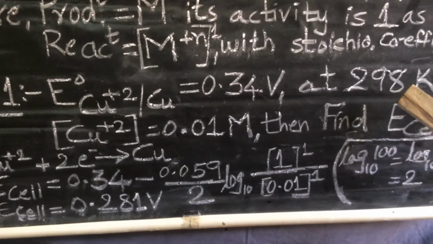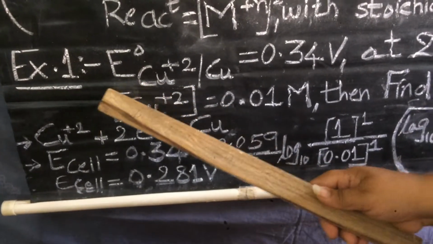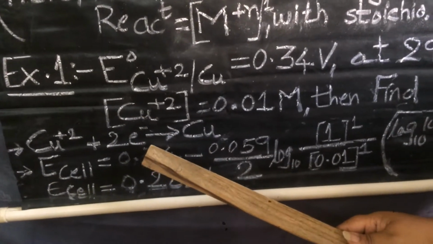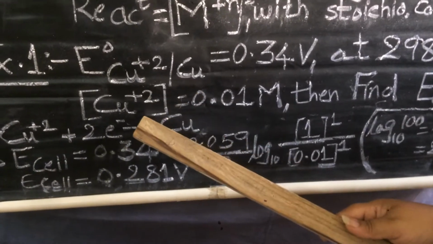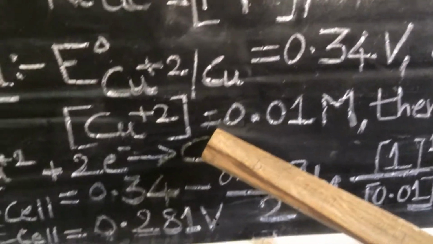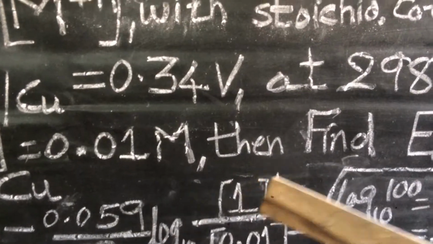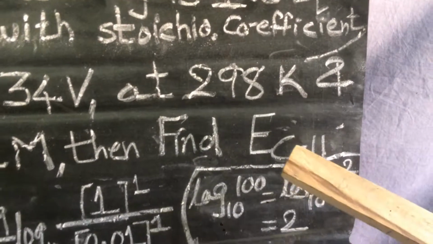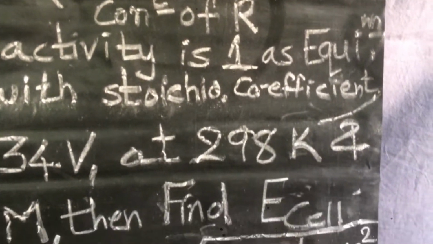At 298 Kelvin, and Cu plus 2 is written in square brackets. If you remember the equilibrium chapter of 11th standard, square brackets show the concentration. So Cu plus 2 in square brackets shows the concentration 0.01 molar. Then find E cell. Here the degree is not written. It means we are finding the cell potential under non-standard condition.